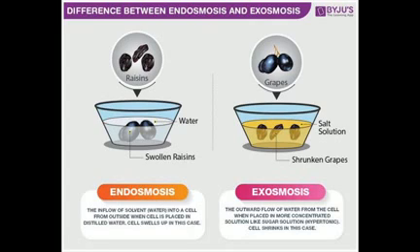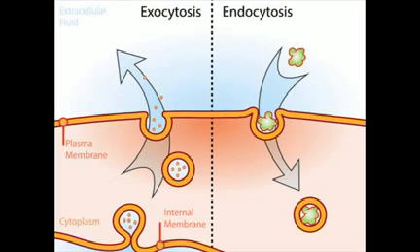Now the materials engulfed during endocytosis may be either solid or liquid. When the materials engulfed are solid, the process is called phagocytosis, that means cell eating.